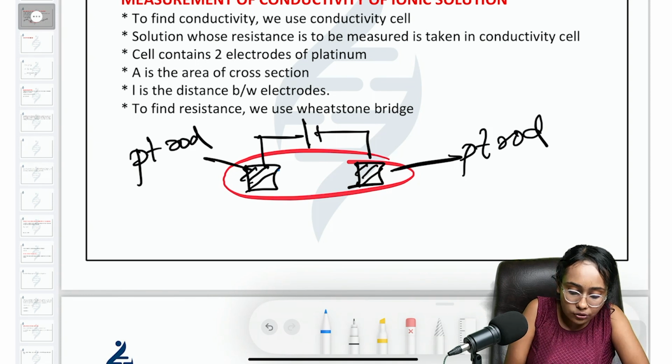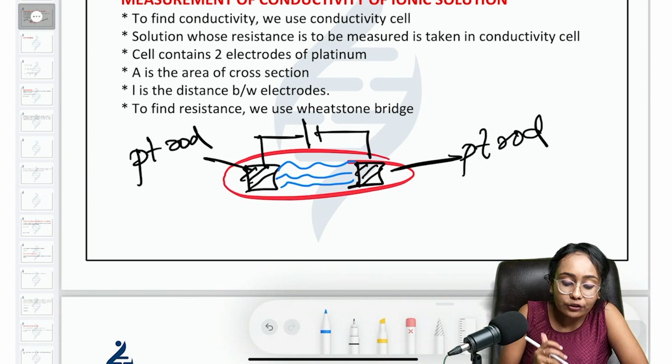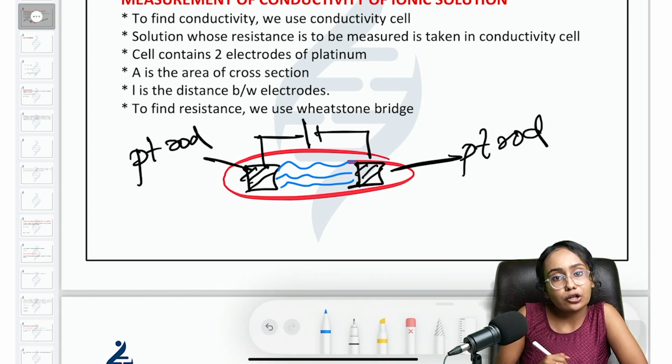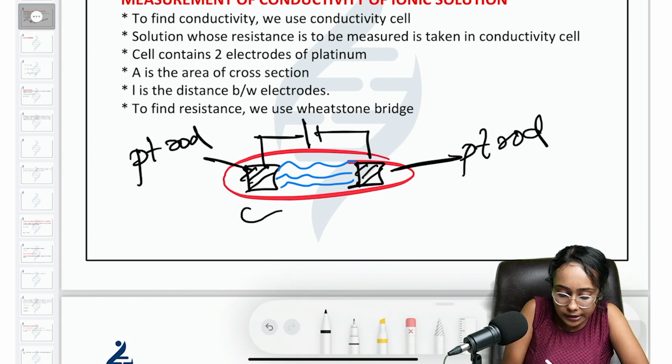In between the electrodes, I've filled a liquid, an ionic or electrolytic solution. I need to find out the conductivity of this particular solution. For that, the distance between the electrodes is taken as L and the area of cross section is A.